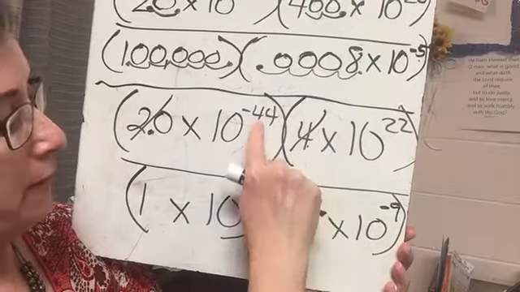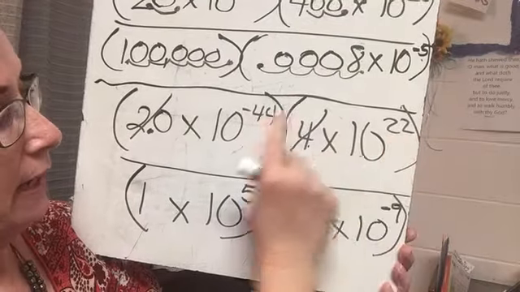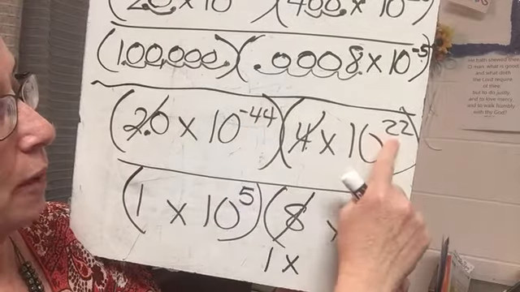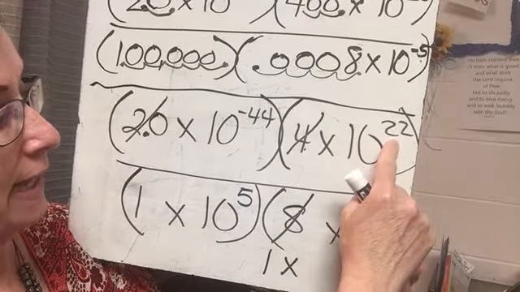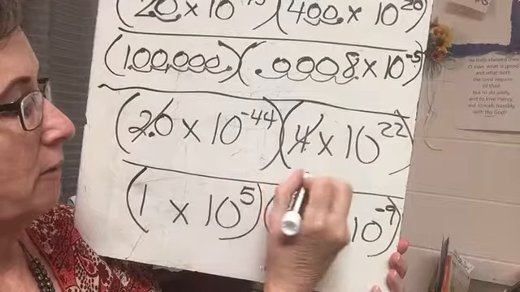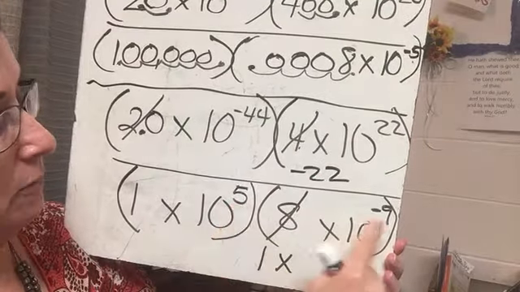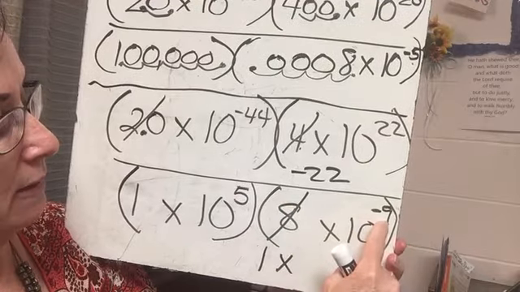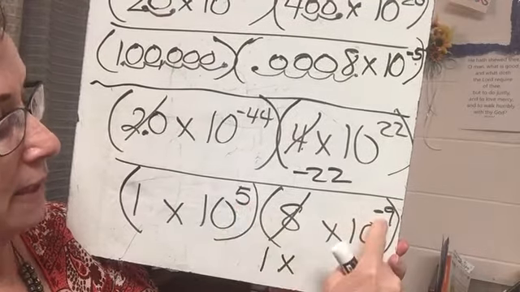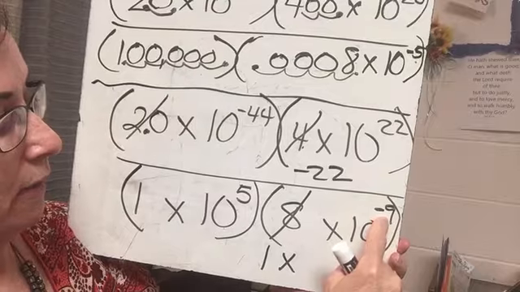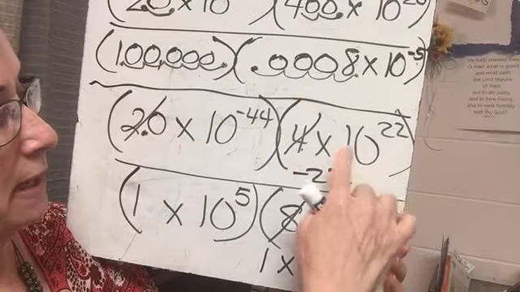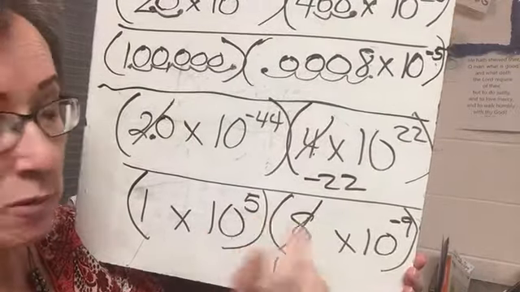All right, let's put these two together. And we're going to get negative 44 plus 22 is negative 22. So negative 22, I'll just do my math here. And then these two, when I put these two together, I get 5 minus 9 is a negative 4. Okay, so the bottom is a negative 4 and the top is a negative 22, but don't I subtract them?